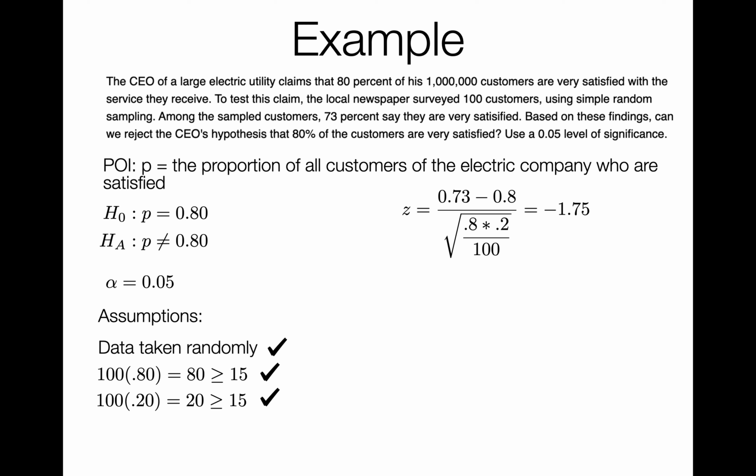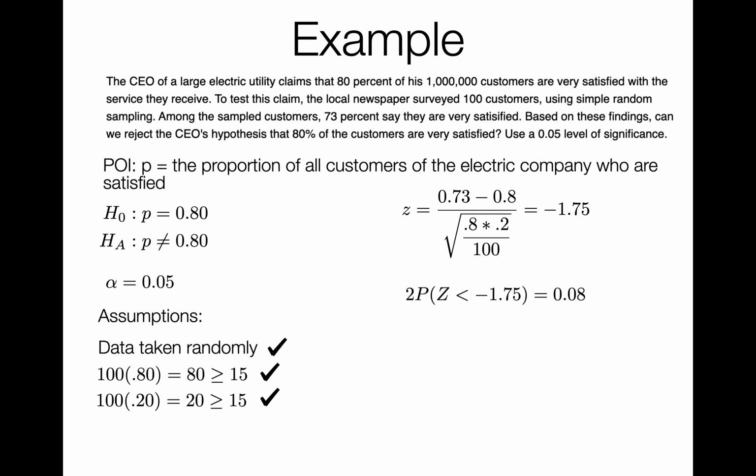You'll notice that we use 0.8 and 0.2, and not the 0.73 and 0.27, p hat and 1 minus p hat, for the denominator there. When we do that calculation, we get that the z-score is negative 1.75.